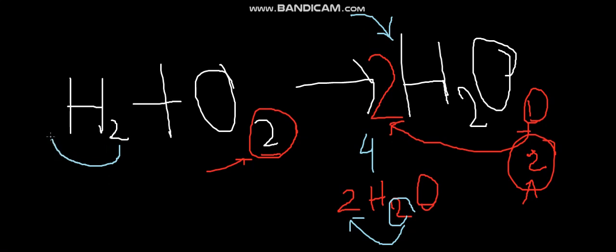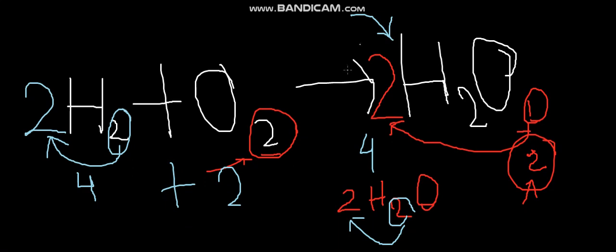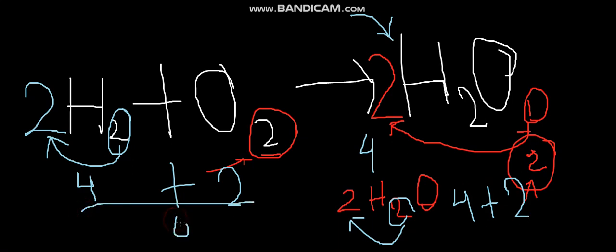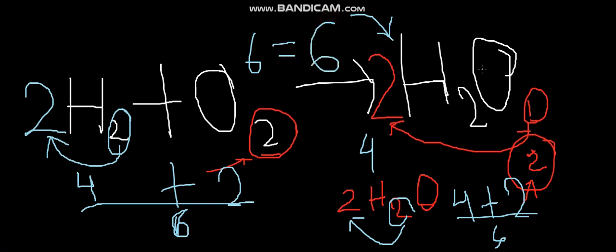What if we multiply the hydrogen on the reactant side by 2? Now we have 2 times 2, 4 hydrogens here. So there are 4 hydrogens and 2 oxygens here, and again 4 hydrogens and 2 oxygens on the other side. The number of atoms is the same now, 6 equals 6, and this side equals this side. The chemical equation has been balanced.